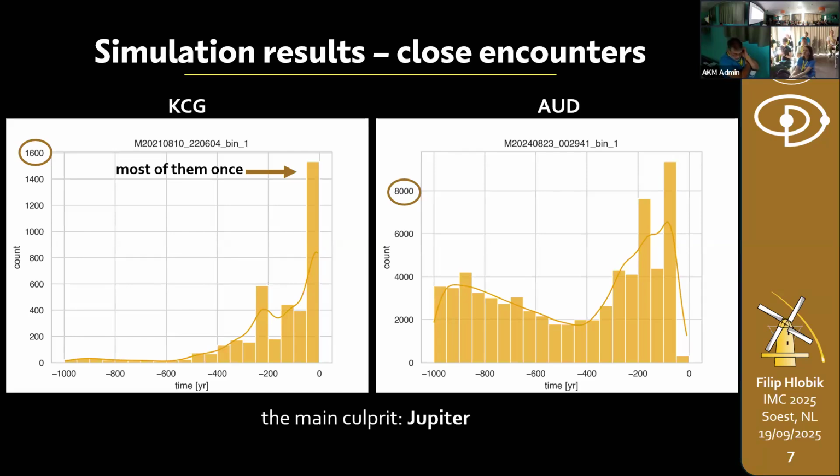For the August Draconids, the first 50 years were the most stable part of the simulations. Then in the next 50 years and beyond, the close encounters started. In the second 50 years of the simulations, almost all of the particles had a close encounter with a planet.